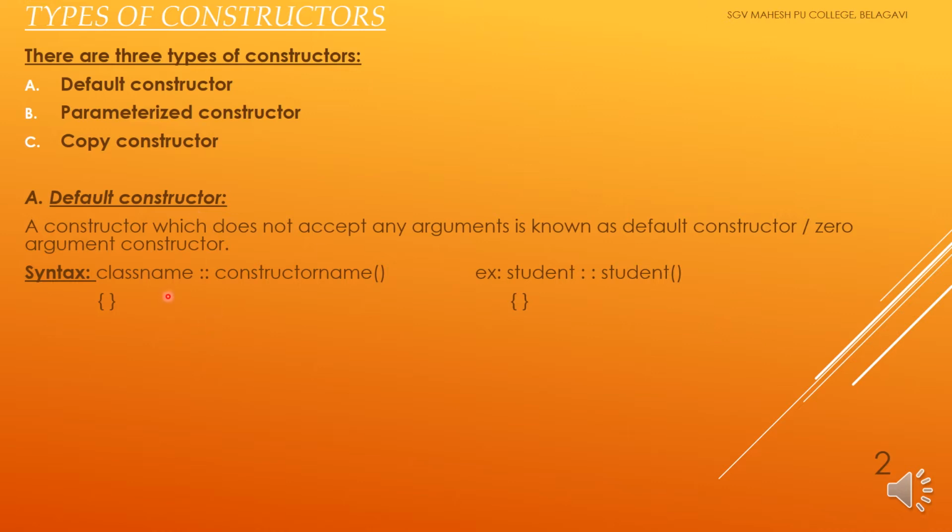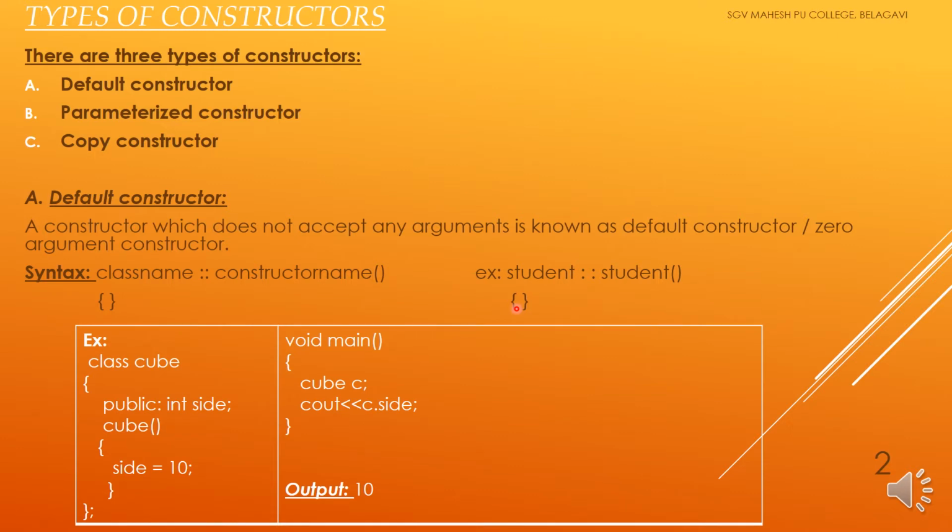This is the syntax for writing a default constructor outside the class, because I'm using the scope resolution operator. So this is the name of a class, name of your constructor, open and close brace. For example, student, name of a class, student, name of your constructor, and opening and closing brace. Now if you see an example, I'll create a class cube.